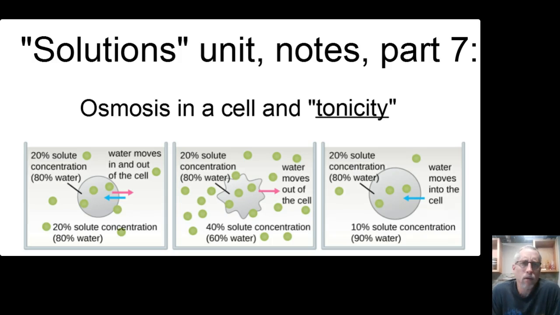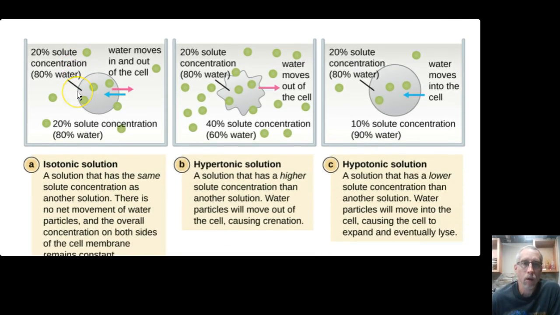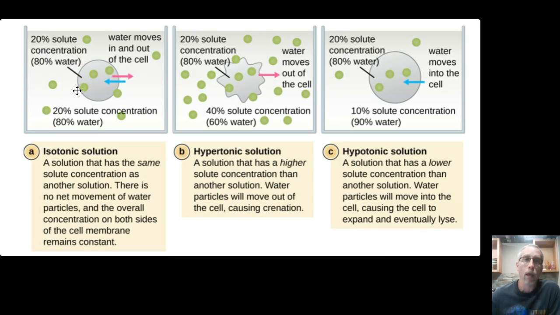It sounds kind of scary because you've probably not heard the word tonicity before, but you don't even need really a definition for that. So let me just show you a diagram here that describes everything. And again, think back to the egg demonstration, and I think it'll make sense. So if we imagine that instead of an egg, we have a cell.